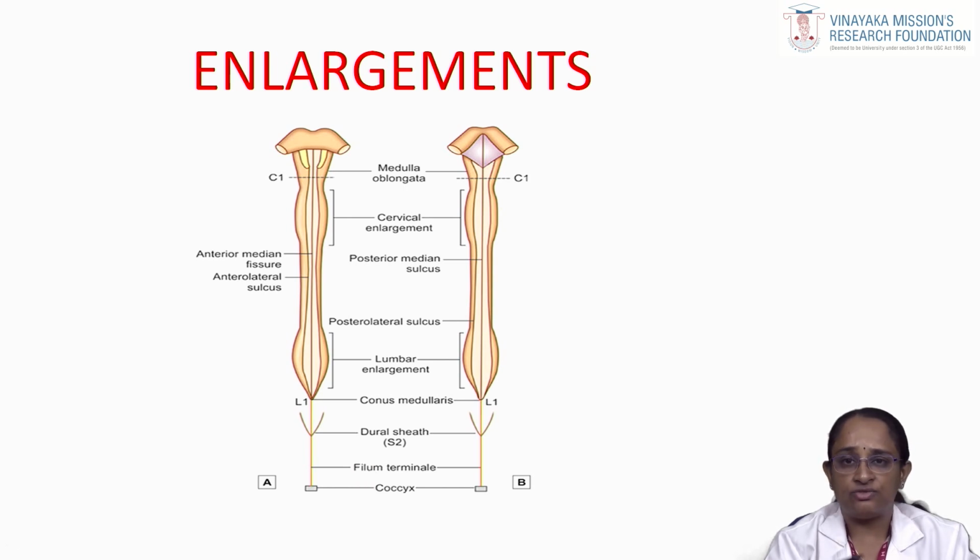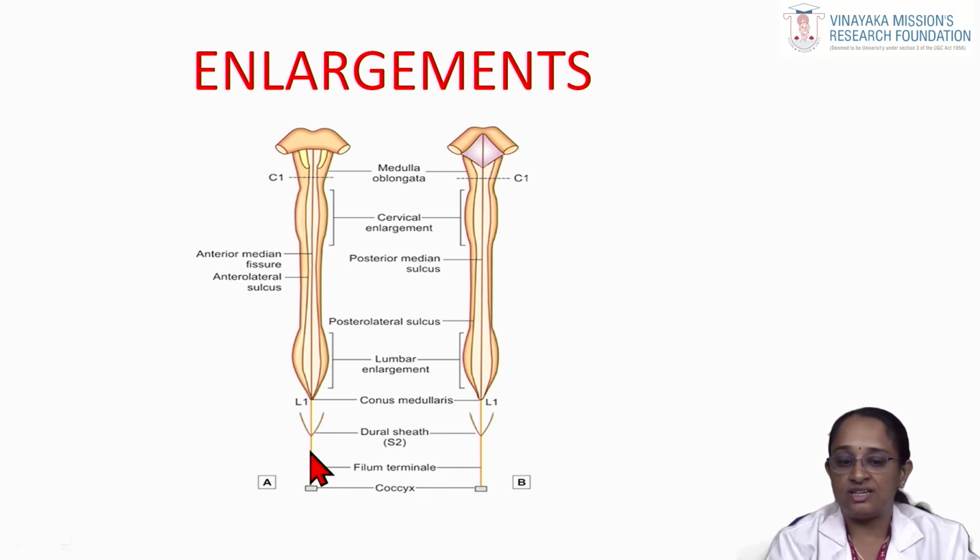Cauda, from the word meaning itself, we can say it as the tail. Equina is the scientific name of a horse. So this part seems just like the tail of a horse. Below L1, the spinal nerves are arranged just like wavy hair, like the tail of a horse.